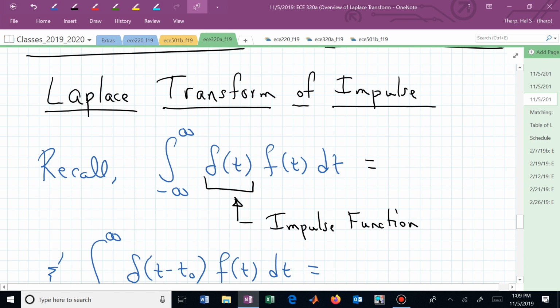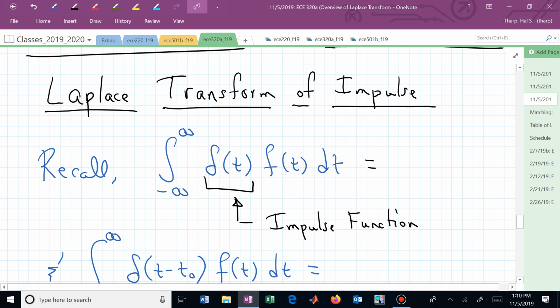Okay, this particular integral, well, if you know what the impulse does, when is it really active? An impulse is only active when its argument is equal to 0. In this particular case, we have an impulse that's right at t equals 0. That impulse is happening right at 0. Everywhere else, it's 0.